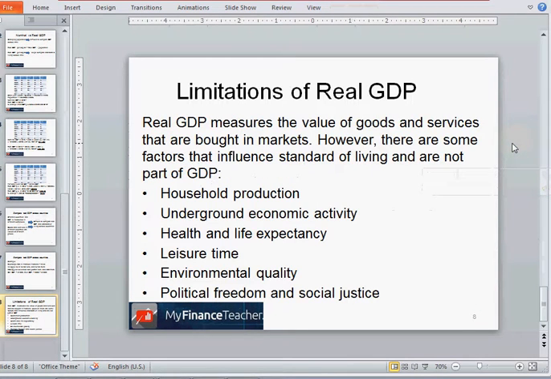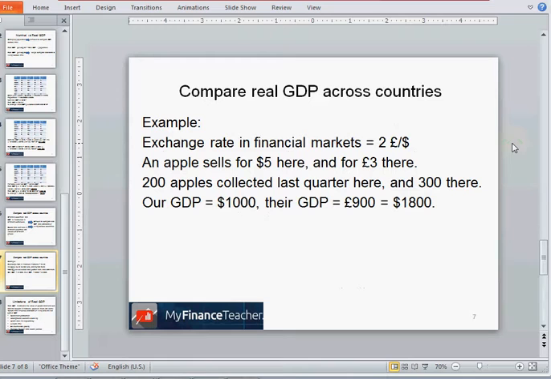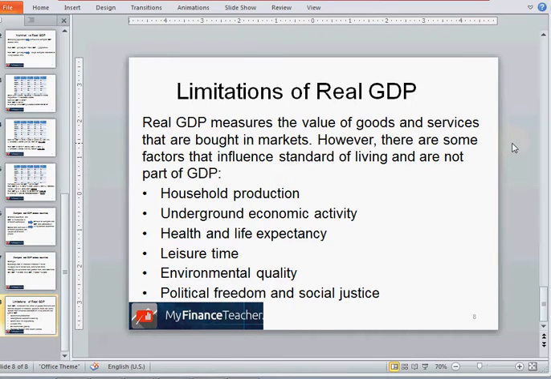Besides that, even if we avoid all of these difficulties, real GDP per capita is not a perfect measure for the standard of living for a number of other factors, such as household production that is not counted as part of GDP but still adds to our standard of living.